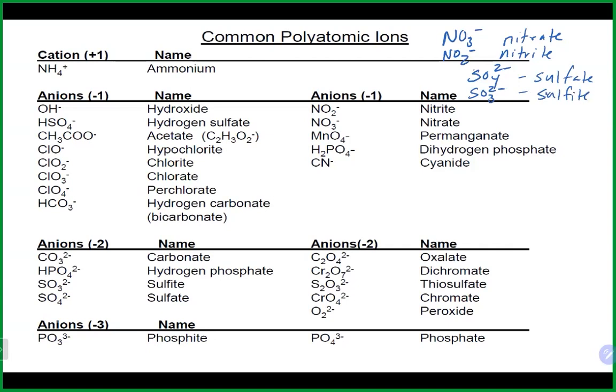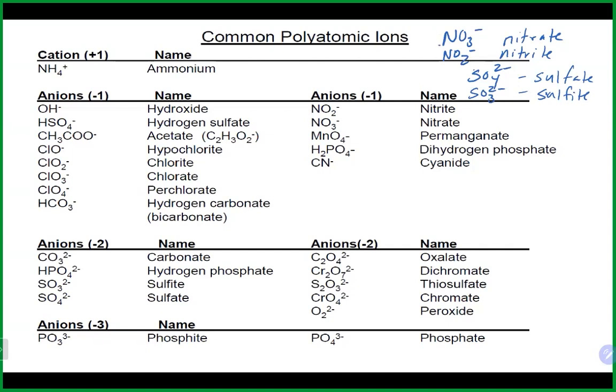You can group these up as groups of 2, and there are also groups of 4. But with a group of 2, the one with the most oxygen will end in -ate, and the one with the least number of oxygen will end in -ite, and that's what we see here.